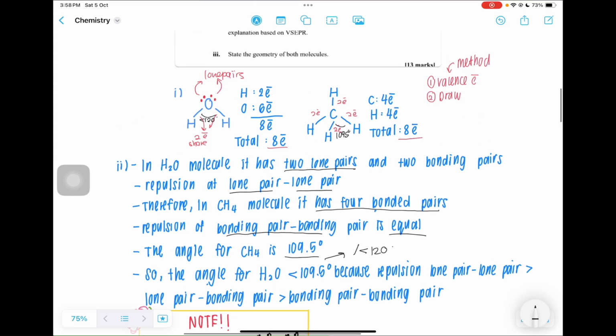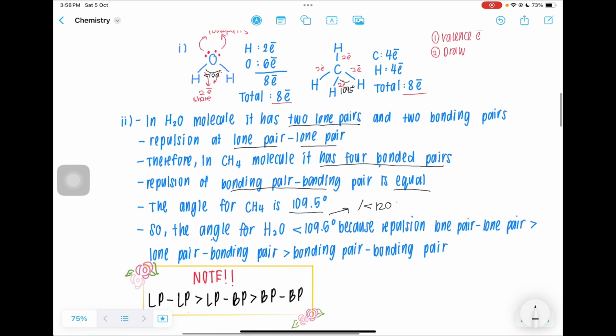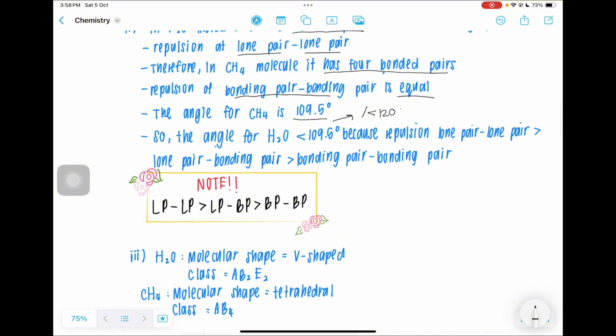So for the third question, it asks us to state the geometry of both molecules. So for H2O, the molecular shape is V shape, and the class is AB2E2, and CH4 molecular shape is tetrahedral, and the class is AB4.